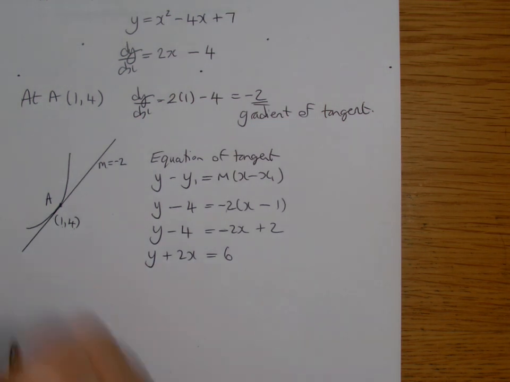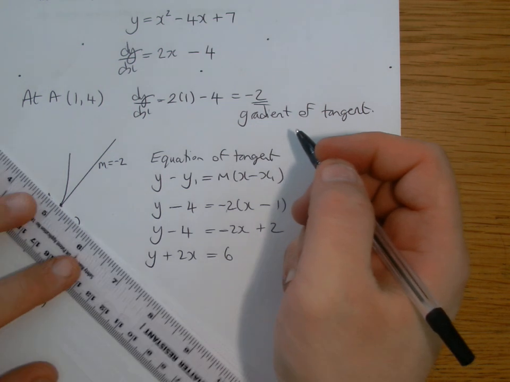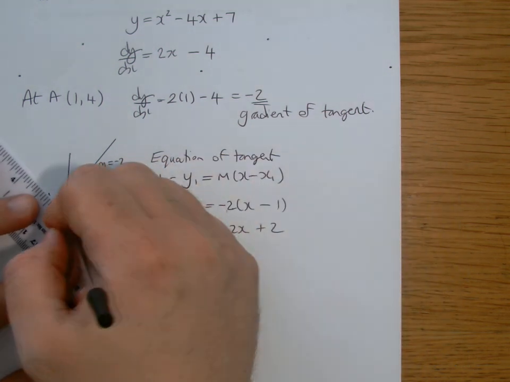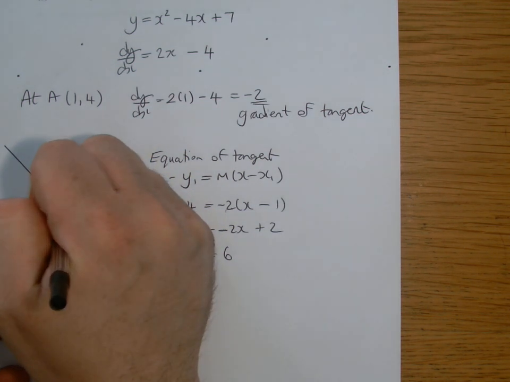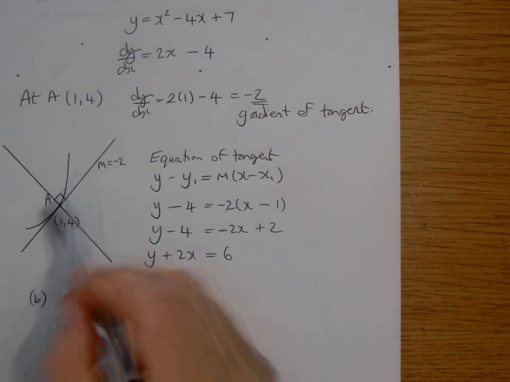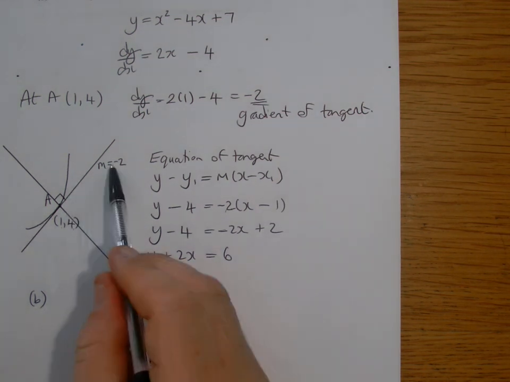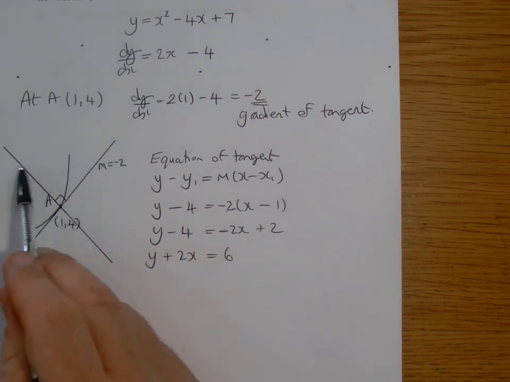Now for B, for the normal, we need to go back to our sketch, okay? You just need to appreciate that the normal is always at right angles to the tangent, always. So if we have got the tangent and we've got the gradient for it, we could then use that to help us determine the normal equation.